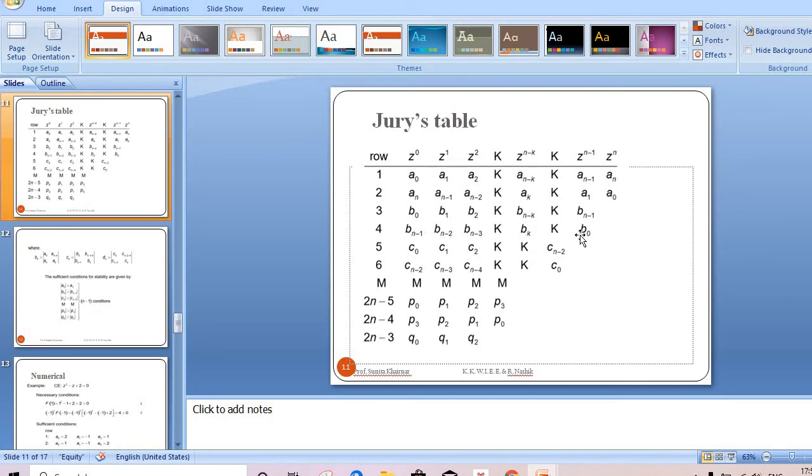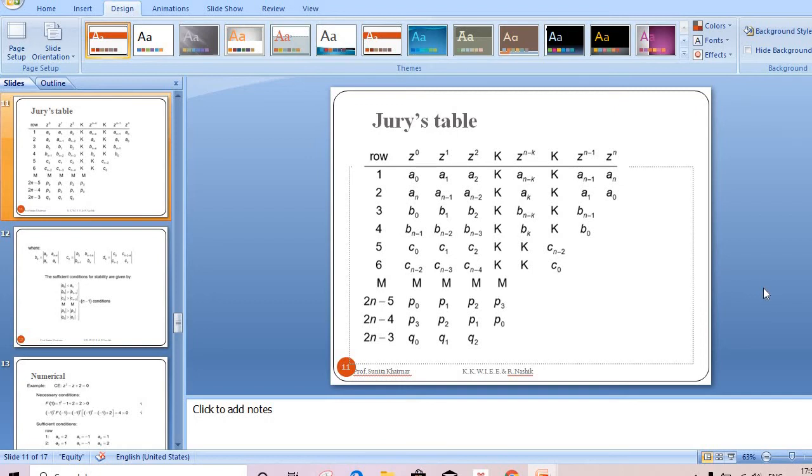Then you will find C0, C1, C2 in row number 5, and its reverse will be row number 6. In this way you will find rows up to 2n minus 3. So if n is 4, it will be 4 into 2, 8 minus 3, that is 5. So you have to write 5 rows, 1, 2, 3, 4, 5. Up to this you have to find Jury's table.